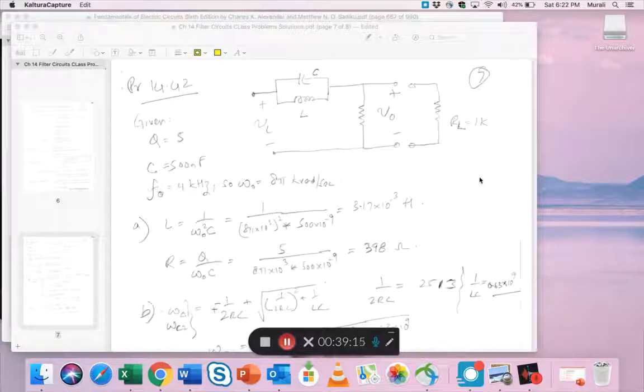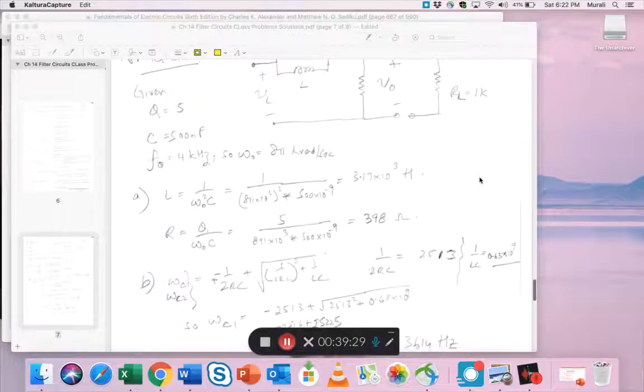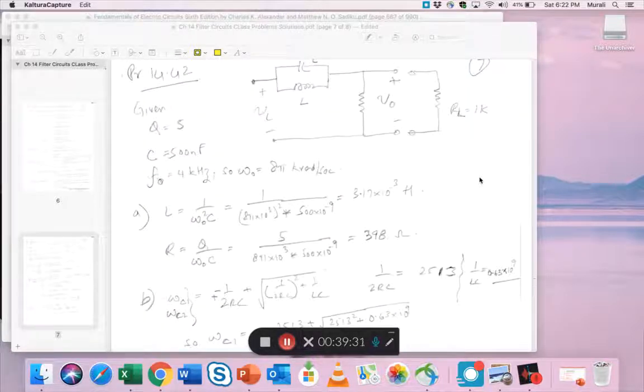Of course, in the first part, 1442, there's no RL, so ignore that for the moment. Q is 5, C is known, F0, center frequency, 4 kilohertz. So omega 0, I find it as 2 pi f, which is 8 pi kiloradians per second.